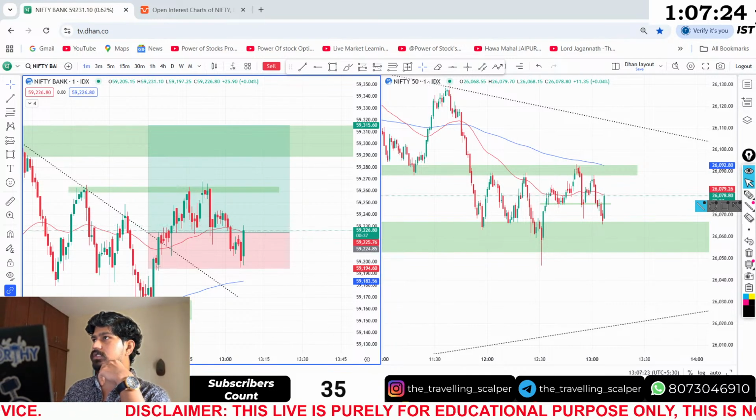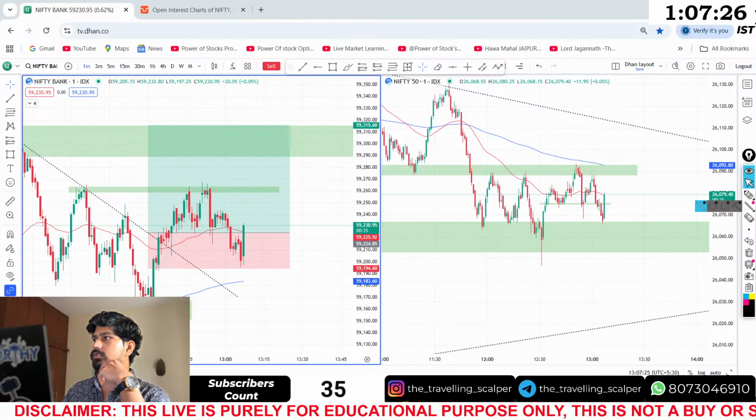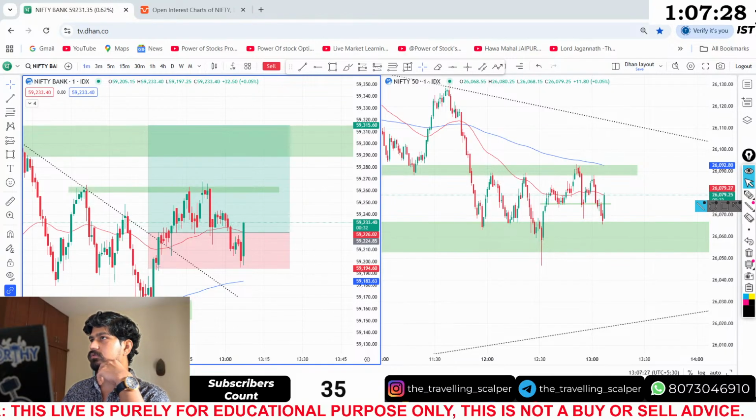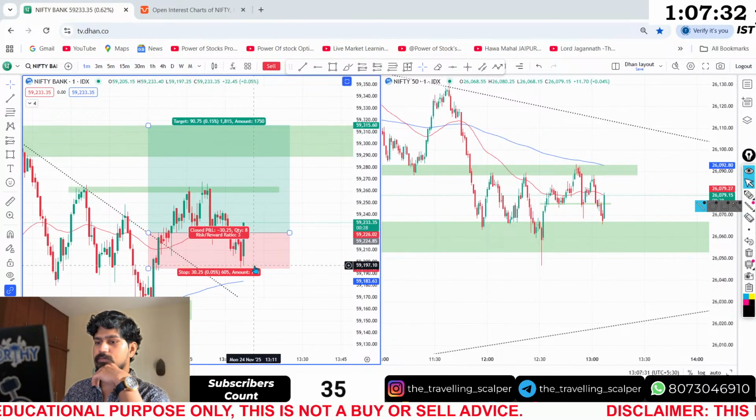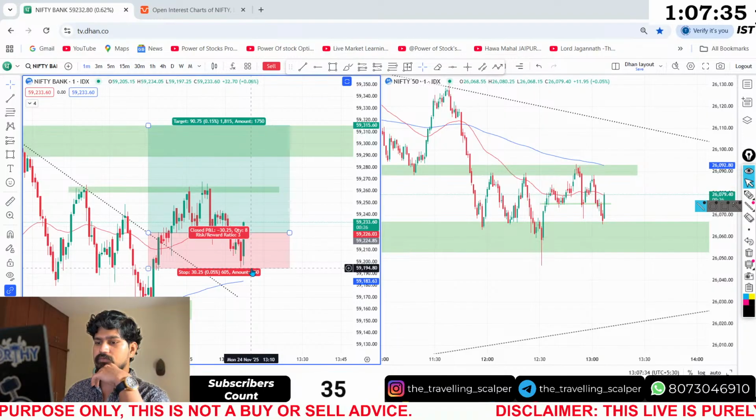Okay, again it is trying to come back to the green zone over here. Let's see. In a proper stop loss zone, we are just away from 1 point.